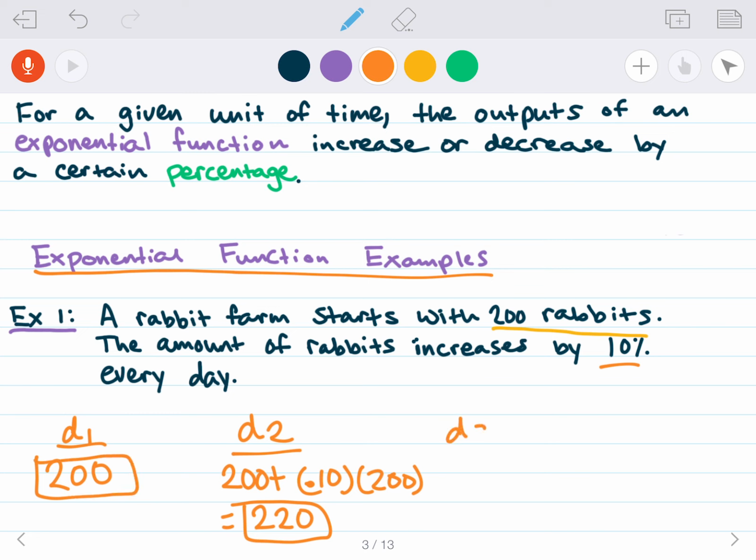On day 3, now we're going to take 10% of 220 and add it to 220. So I have 220 plus 10% of 220.